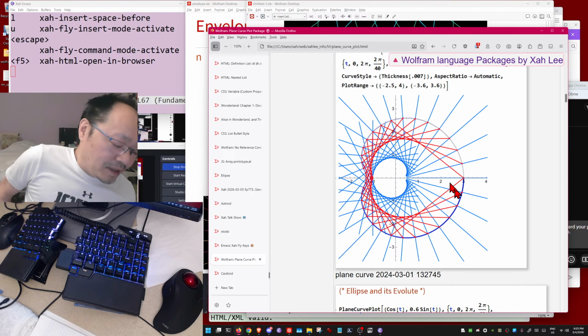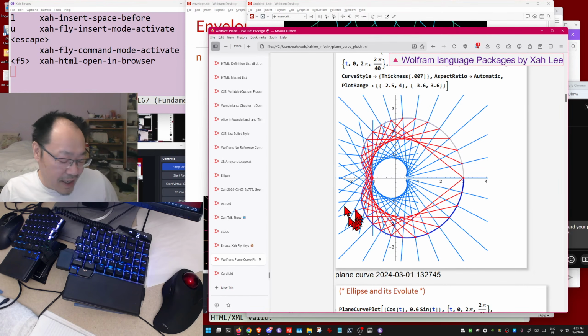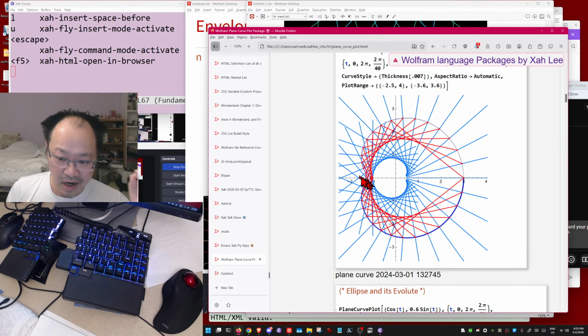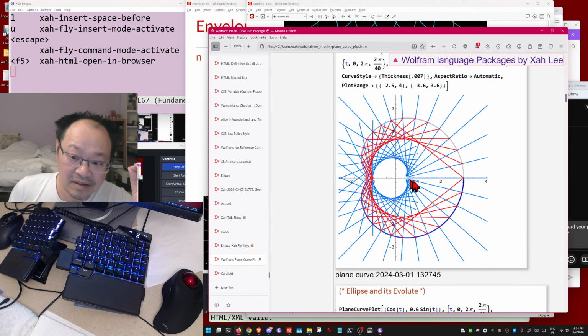But anyway, the evolute is equivalent to the envelope formed by all the normal lines. So basically, this thing inside is another cardioid. Cardioid means heart shaped, but the thing inside is another cardioid.